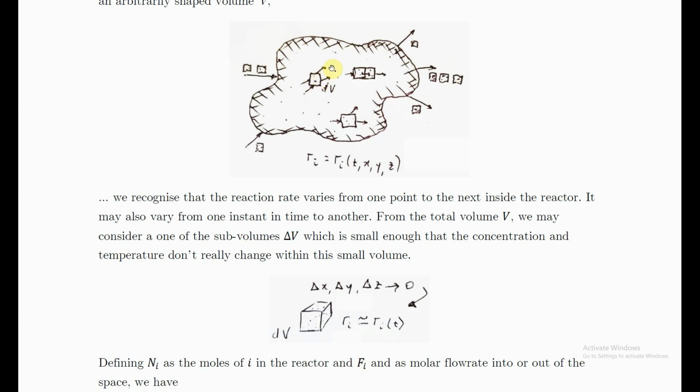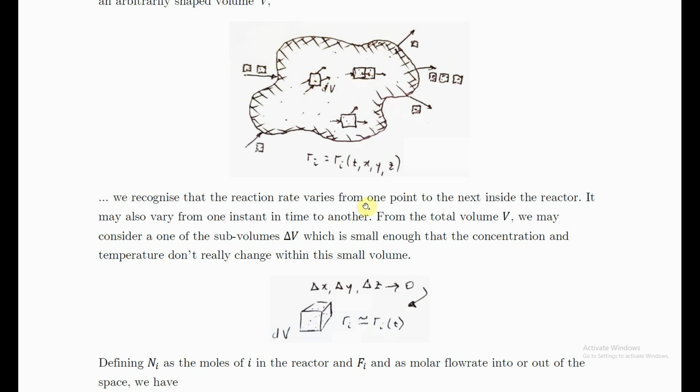And then we can imagine flow across that space. So we can imagine if the fluid is flowing past the space or through the space, this ghost space, if you like, then fluid is entering here, fluid is leaving from the space, and in the space, the fluid is still reacting.